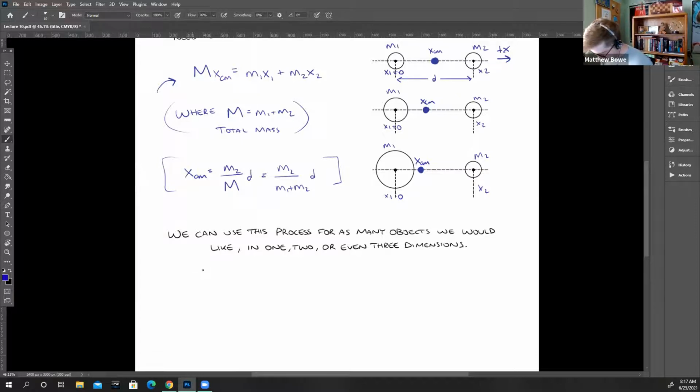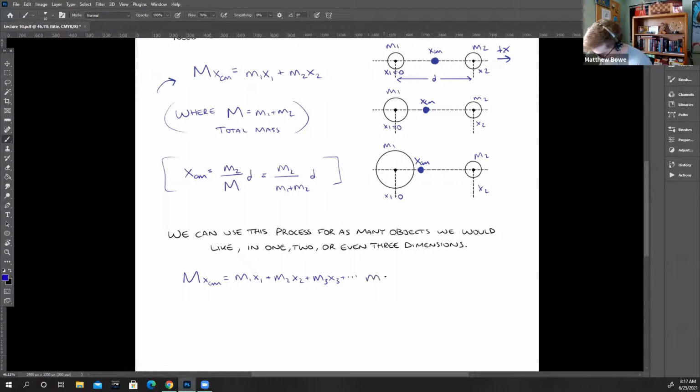So let me write it out like this. Total mass times the position of the center of mass, in one dimension, is m1 x1 plus m2 x2 plus m3 x3 and so forth. This could go on for as many objects as I want.